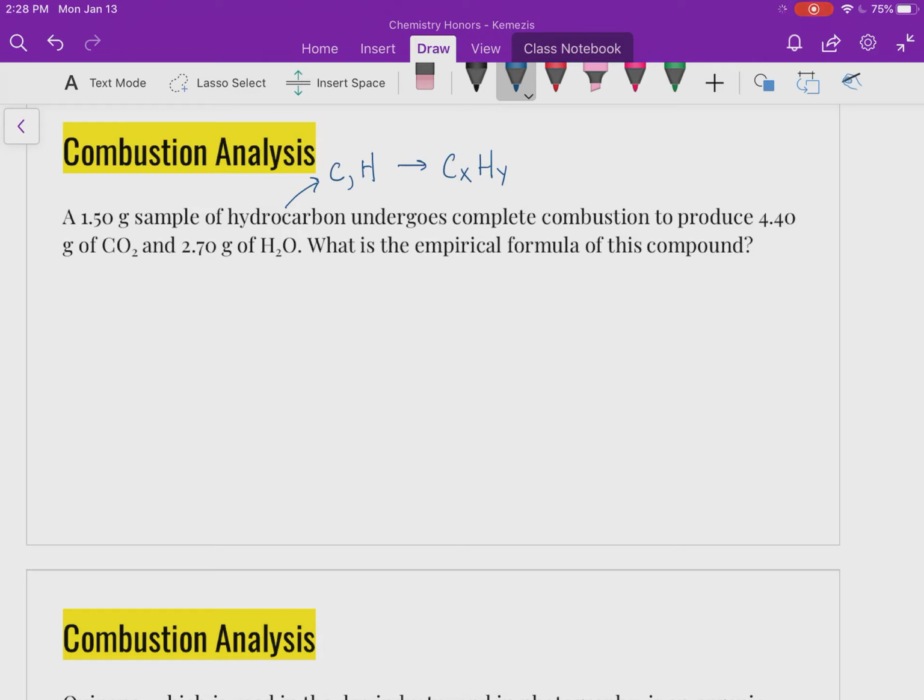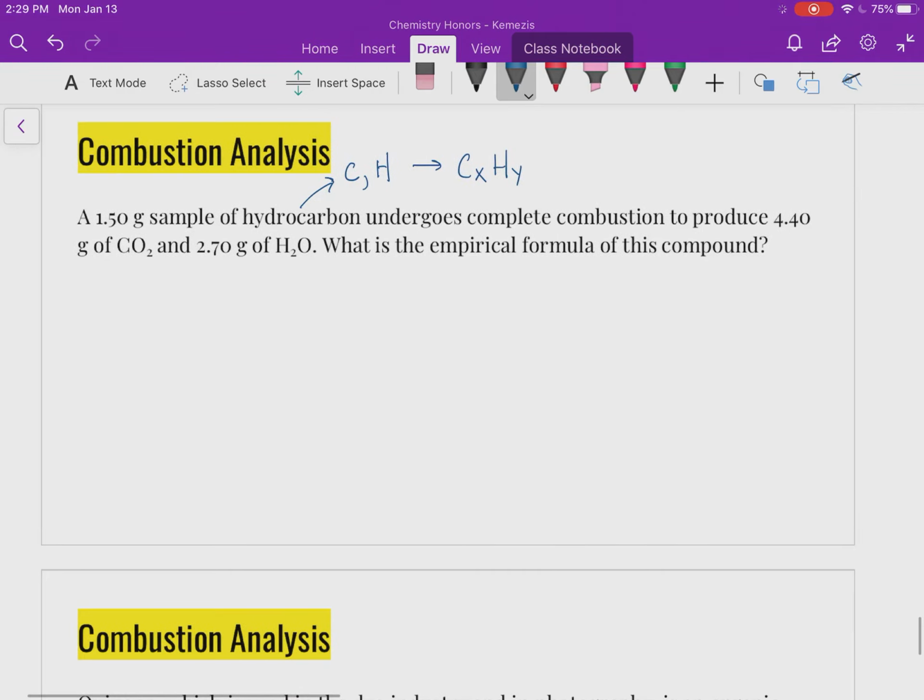So we have this sample of hydrocarbon undergoing complete combustion, and we're producing carbon dioxide and water. So it can't be a complete balanced equation because I don't know how much carbon and hydrogen there is, but we can write an equation where we have the hydrocarbon, and what it means to undergo combustion is reacting with oxygen.